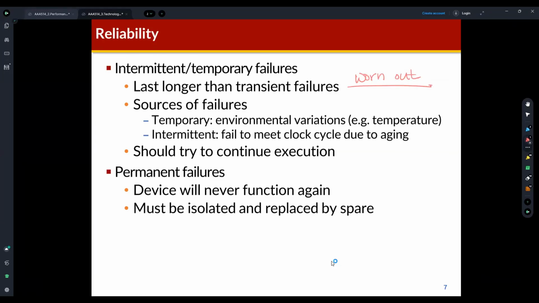It's obvious in the real world that every material wears out. So if we use some circuits very frequently, and if we use this circuit for a long time, then the CMOS circuits can be worn out. It's broken. So this is called temporary failures or permanent failures.